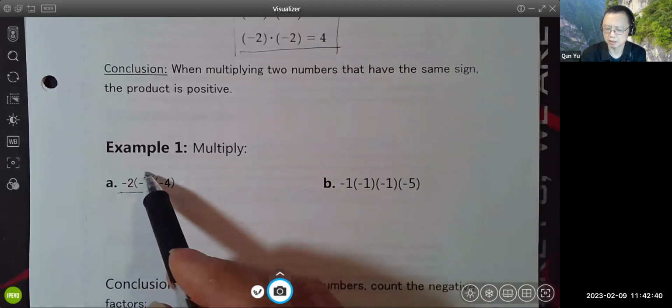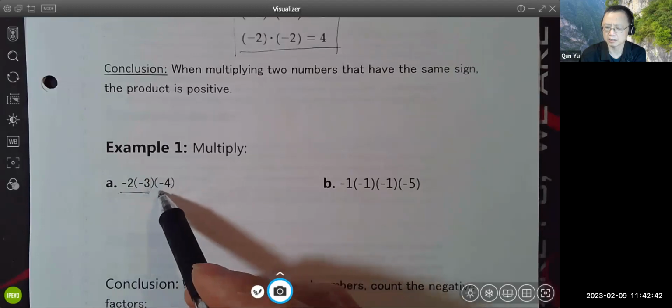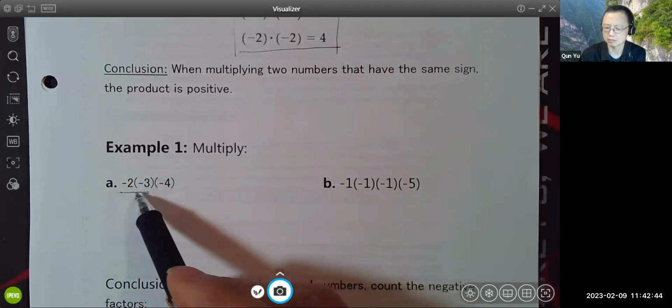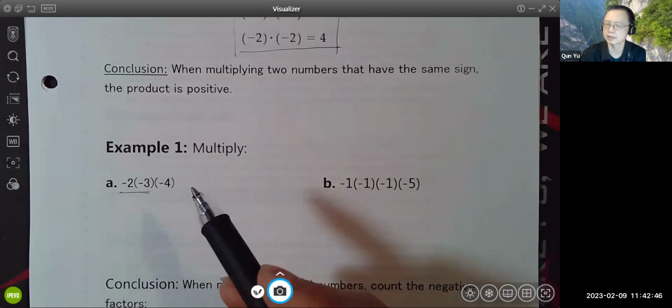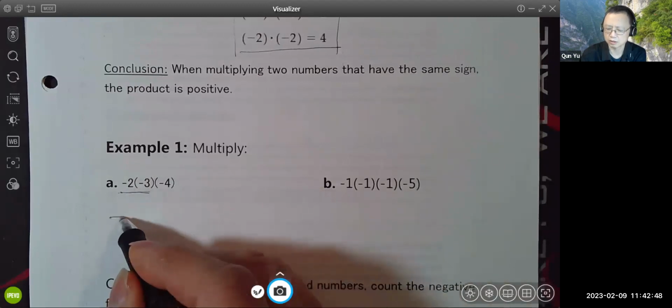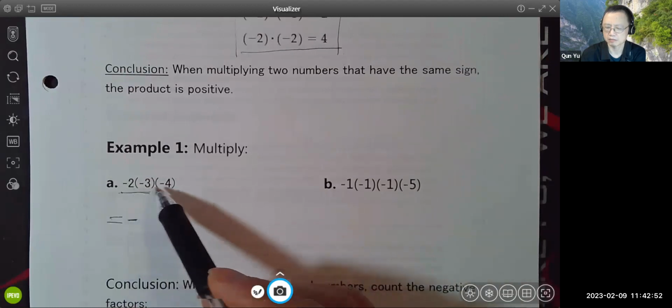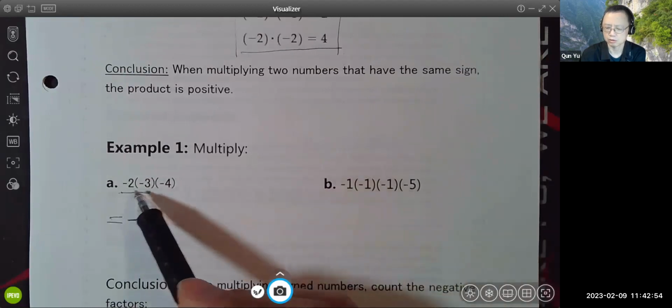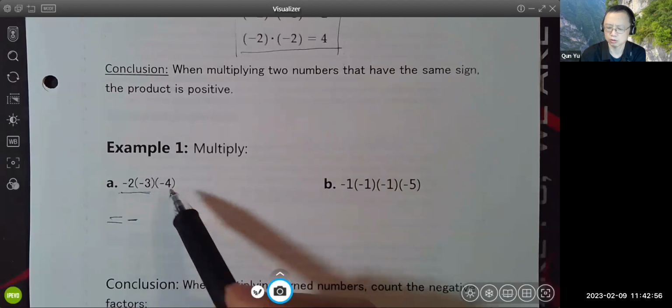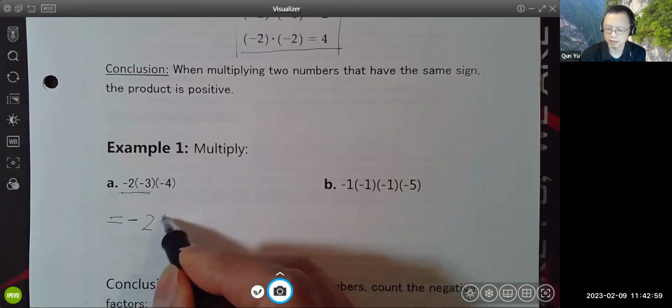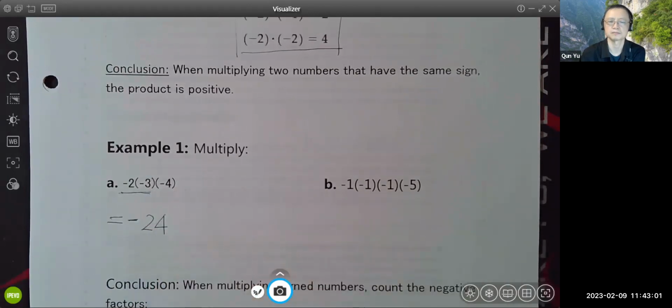So imagine this is a positive number and we multiply another negative number. A positive number times a negative number will be negative. So we know the result will be negative. Now we just multiply the numbers together without sign. 2 times 3 is 6, 6 times 4 is 24. So we get -24 in the end.